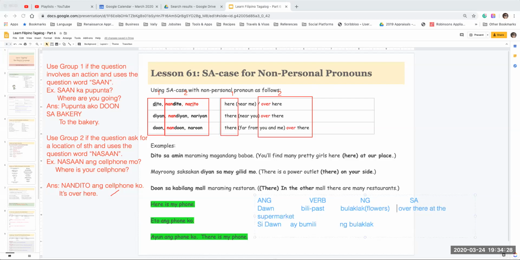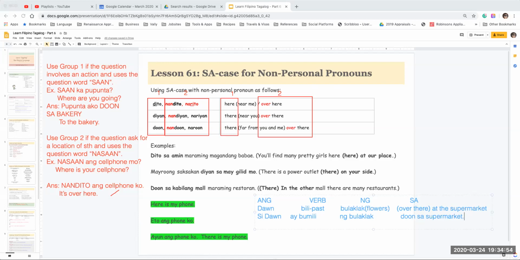We have to clarify this because we use this non-personal pronoun to be specific about where: over there at the supermarket. Doon sa supermarket. Yes! That's it.